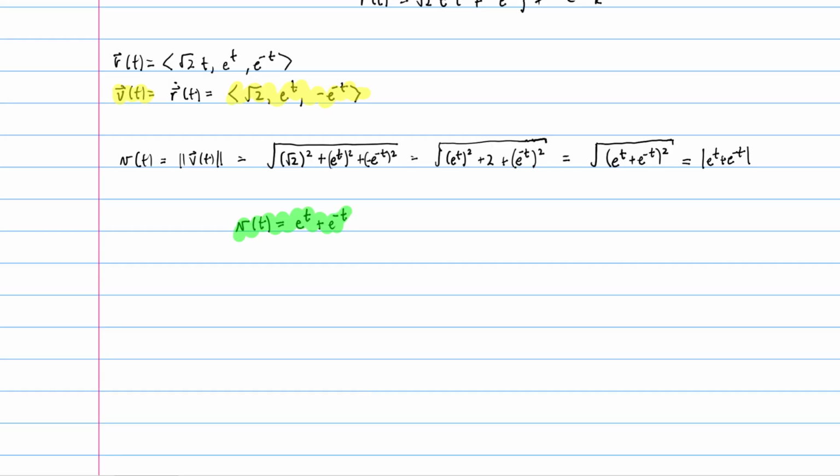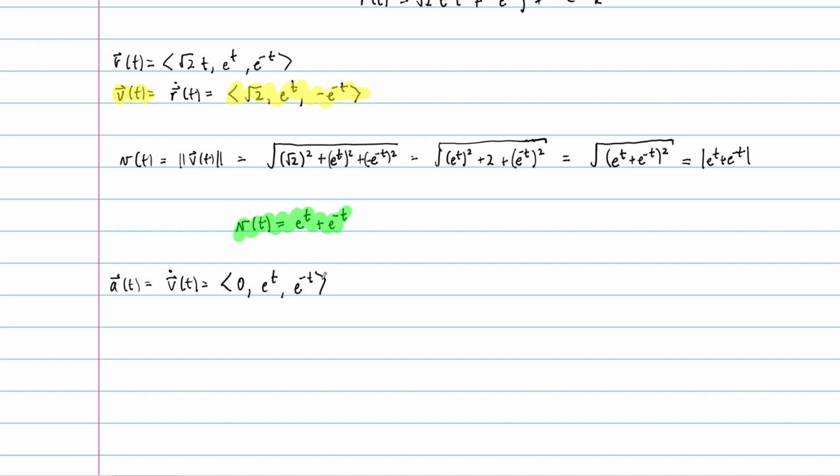And then the last thing that we want to do is compute the acceleration. So for the acceleration, we go back to our velocity vector. And we remember the a of t, this is going to be just v dot, which is r double dot, but we've already got this in terms of v, so we can just leave it like this, right? The derivative of square root 2, that's a constant, so it's just 0. E to the t is itself, and then another derivative here is going to make this positive again, right?